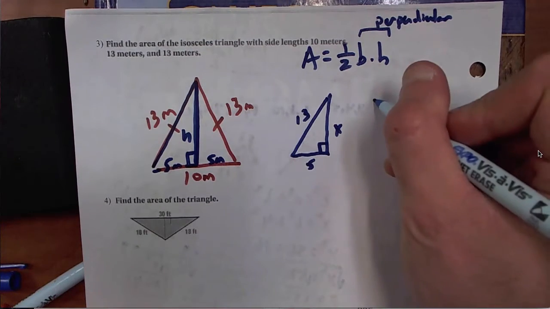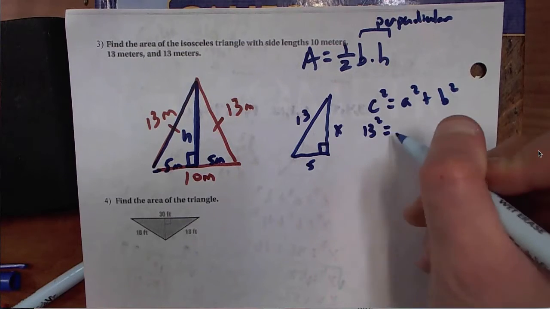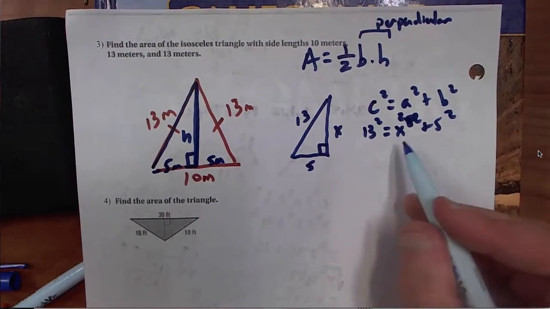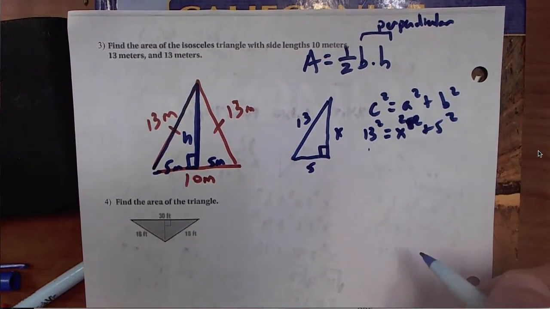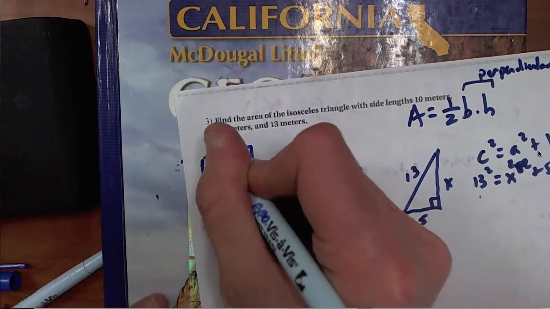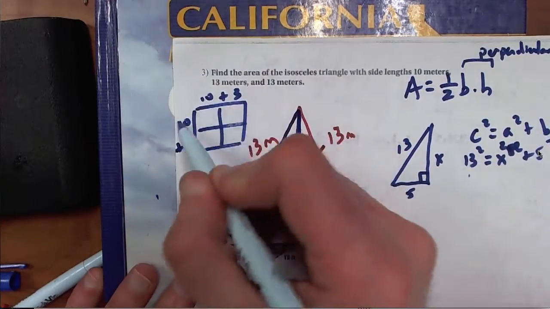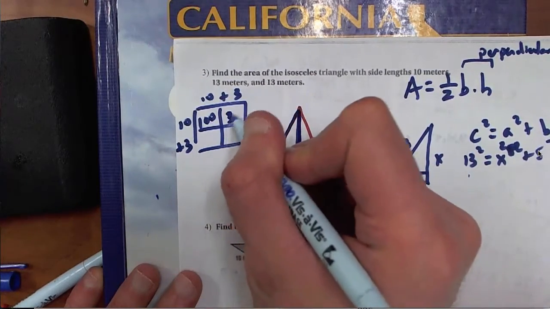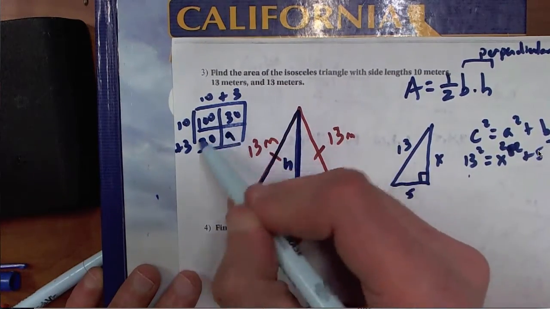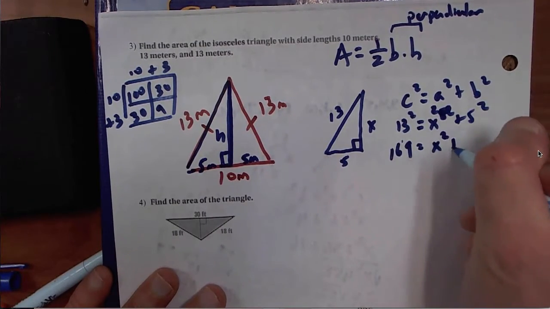So this is my c, so I can say c squared equals a squared plus b squared. 13 squared equals x squared plus 5 squared. So 13 times 13. Again, if you're not sure, you could draw a little box: 10 plus 3 times 10 plus 3. Or you could do it conventionally, of course. So this is 100, 30, 30, and 9. 30 plus 30 is 60, so we have 169. 169 equals x squared plus 25.